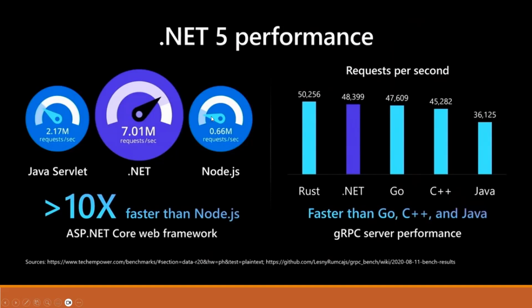Using the same server size, .NET can support more requests per second than any other frameworks like Java Servlet or Node.js. These are some of the other frameworks that support this: Rust is 50,000, .NET is 48,000, then Go 47,000 requests per second, then C++ and Java.